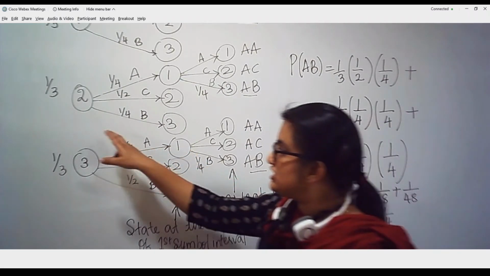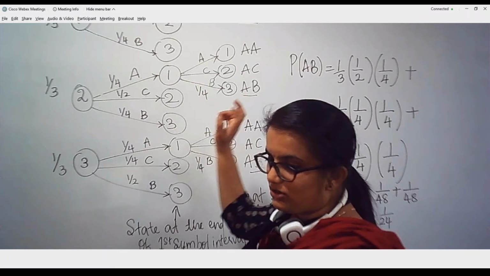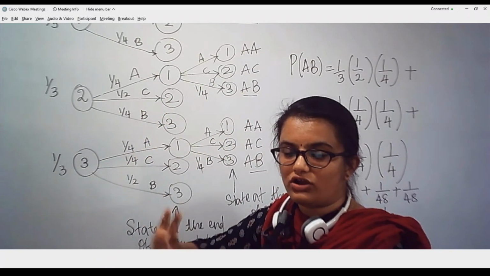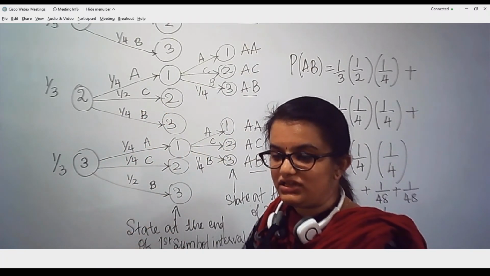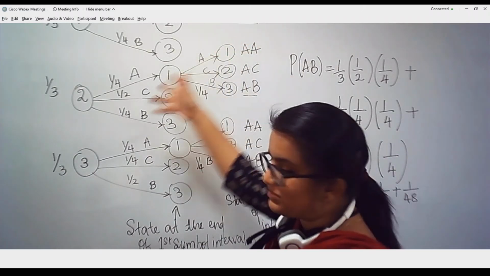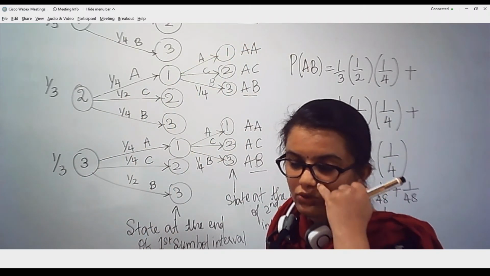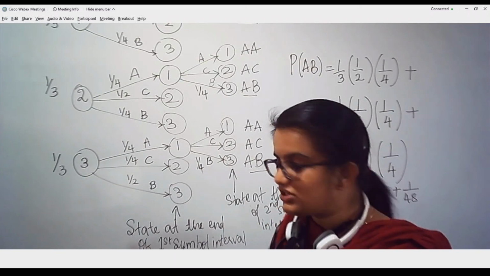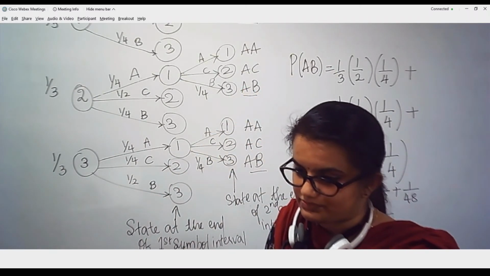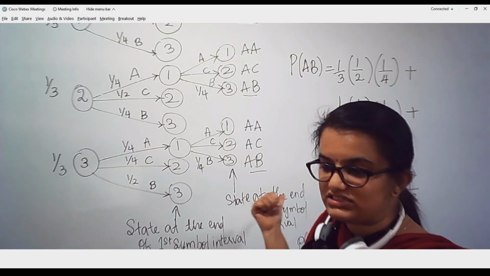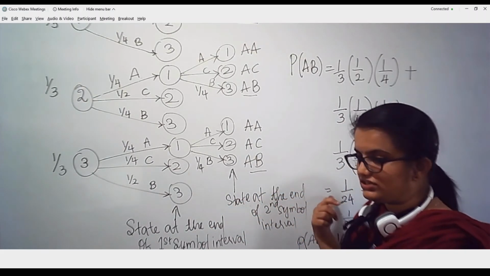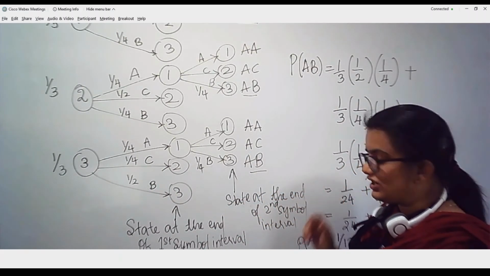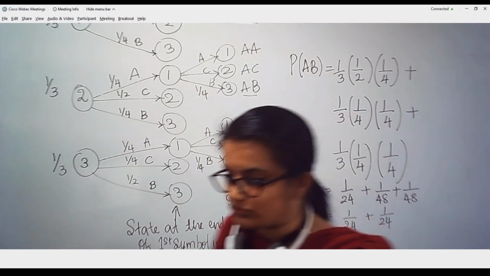Similarly, I can generate a message called AC or AA or BA or BC or BB, and have multiple different messages and figure out the probability of getting that particular message from this source. I hope I have made this clear. If you have not understood at any stage, please do let me know so that I can help you out.